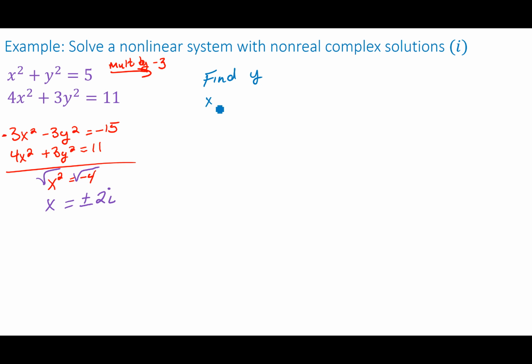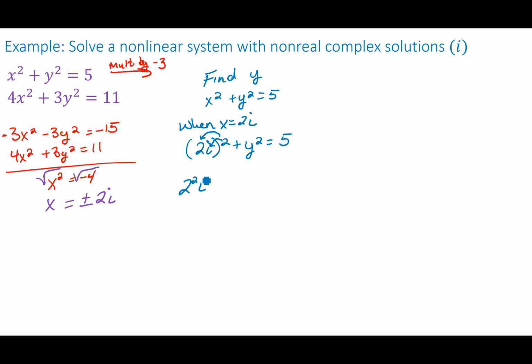And to find the y, I'm just going to use this top one, x squared plus y squared equals 5. So let's start out when x equals a positive 2i. Let's tackle that first. So we'd have (2i) squared plus y squared equals 5. Well, (2i) squared, it's a product, and so that 2 applies to both terms.